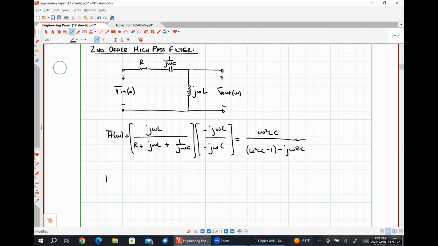Breaking this down into its real and imaginary parts, I'm going to take my response and multiply it by the complex conjugate of the denominator over the complex conjugate of the denominator.